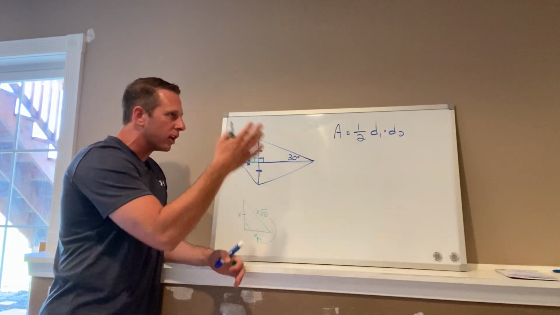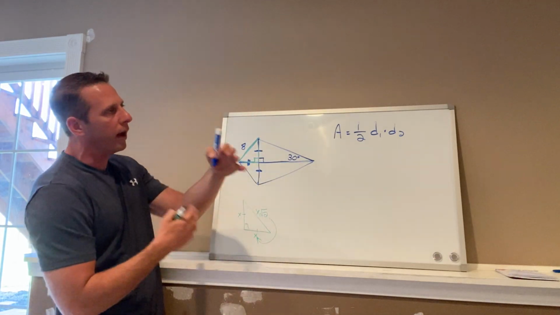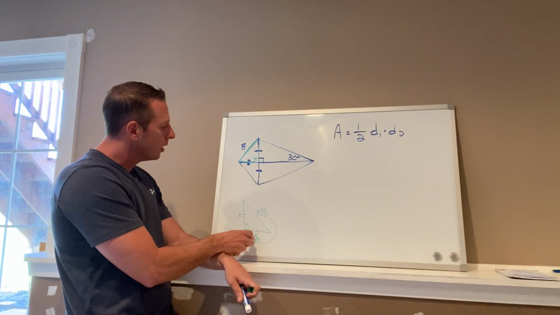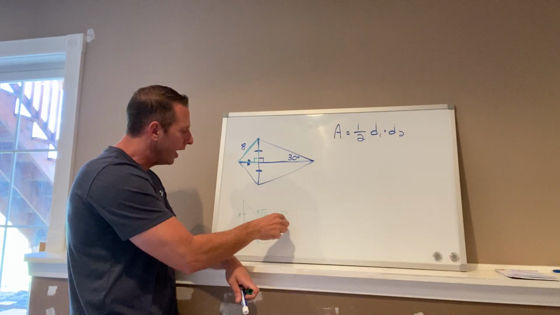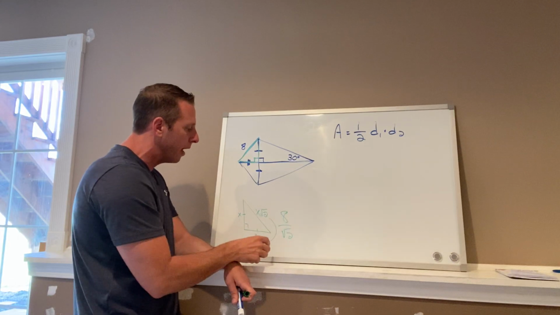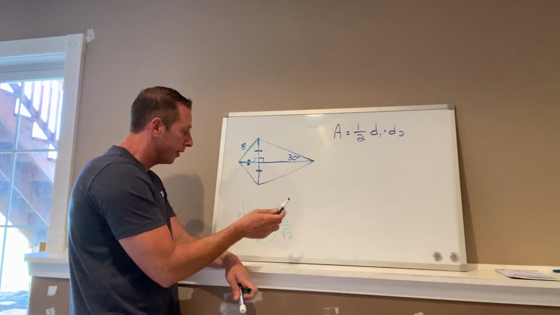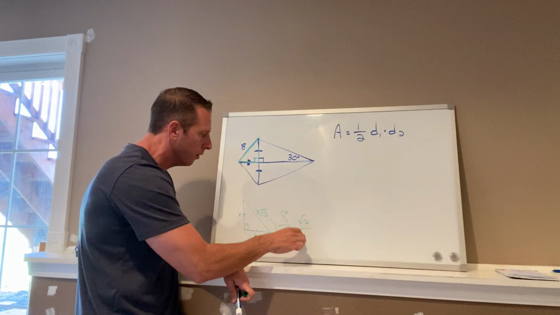After doing all that stuff, we can set up similar triangles. We can do the Pythagorean theorem, but we can figure out that this length is 8 divided by rad 2. To get from there to there, you divide by rad 2. You have to rationalize the denominator, rad 2 over rad 2.